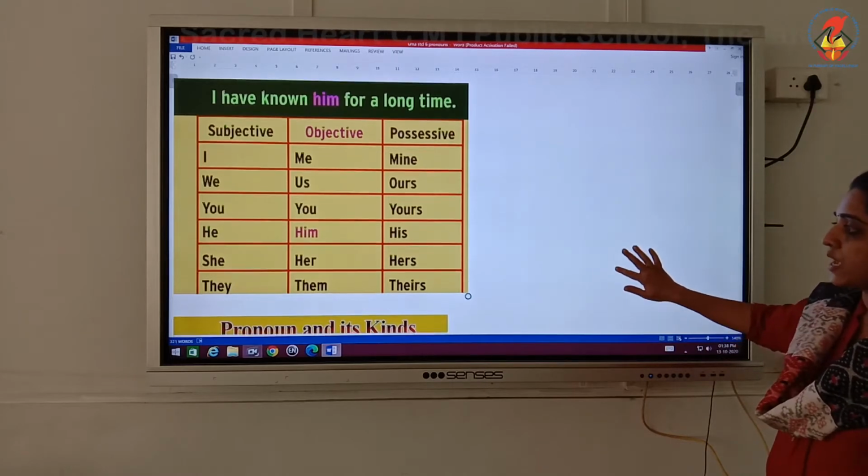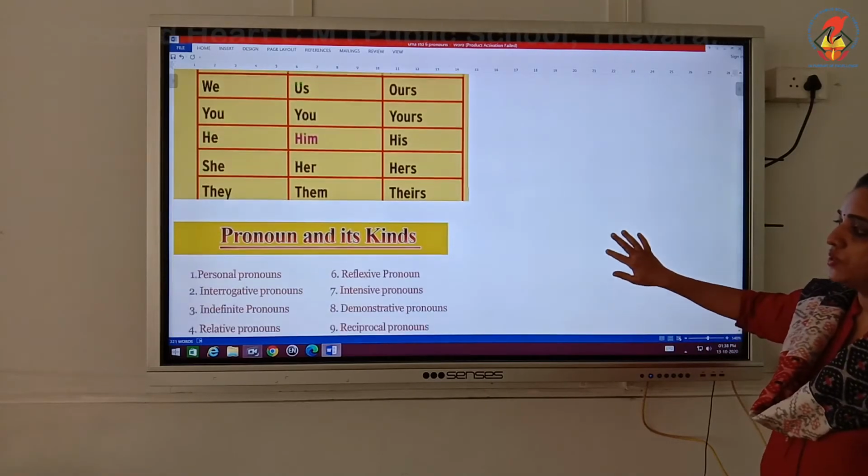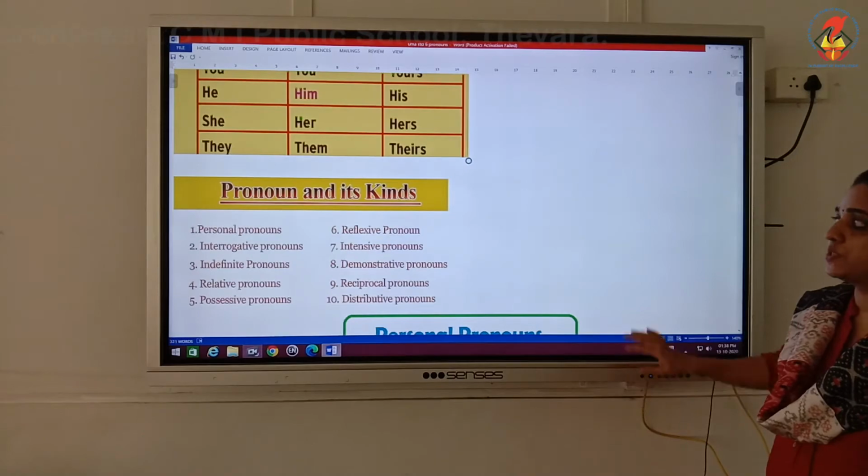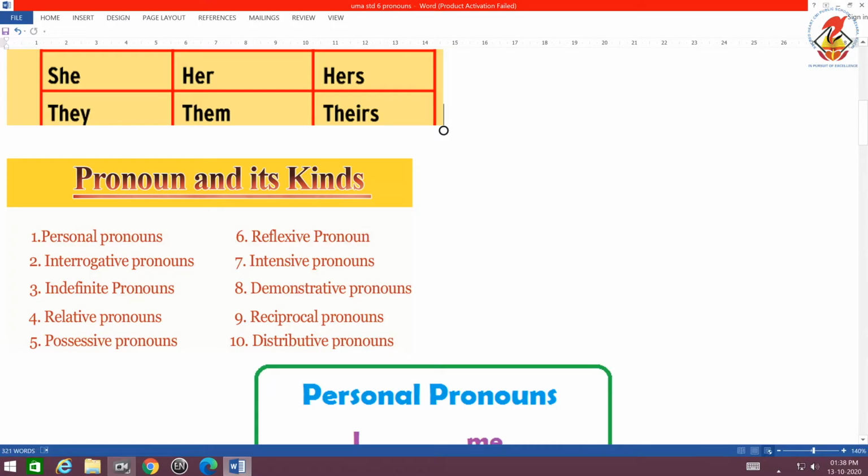Now, pronouns can be divided into 10 types. Which are they? Take your textbook. Reciprocal, distributive, indefinite, personal, possessive, demonstrative, interrogative, reflexive, emphatic, relative. These are the kinds of pronouns.